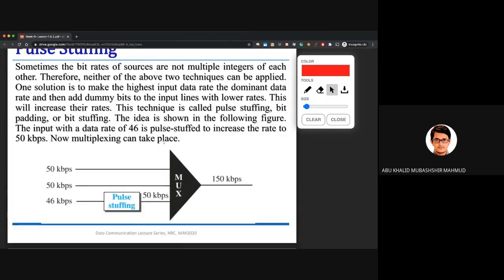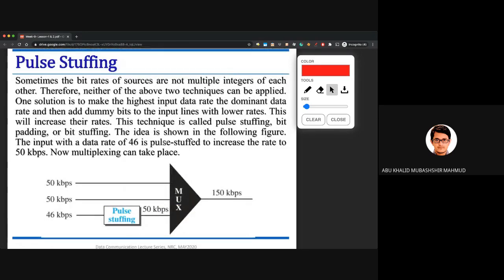So this is the pulse stuffing concept of solving our multiplexing issues.